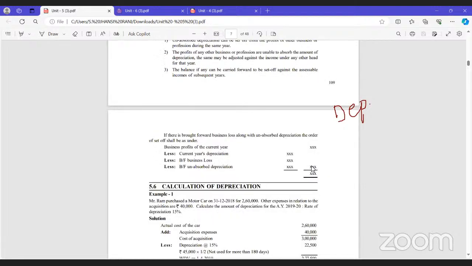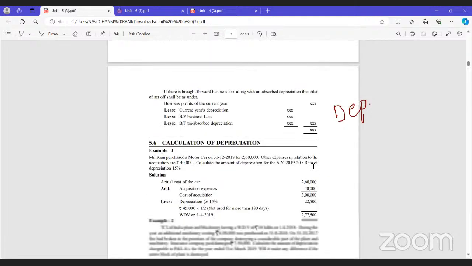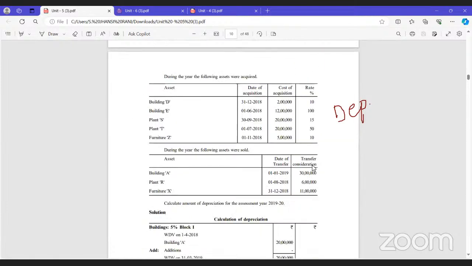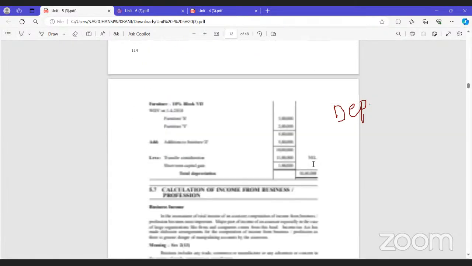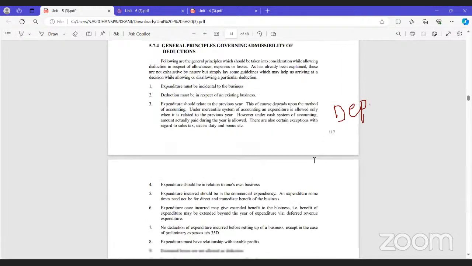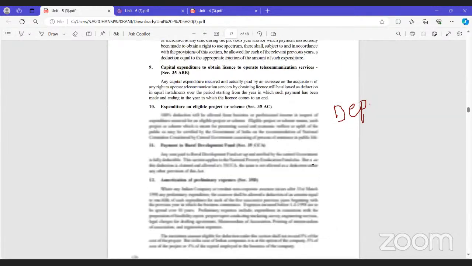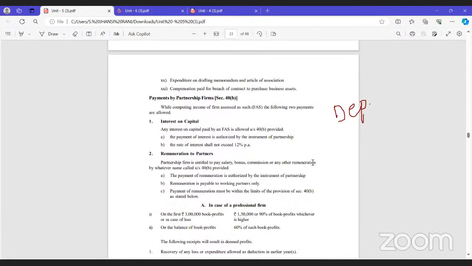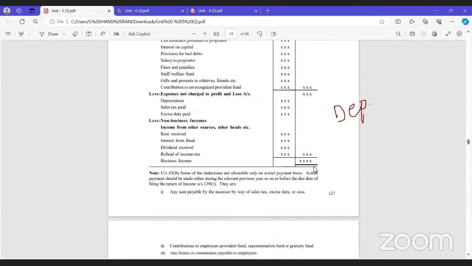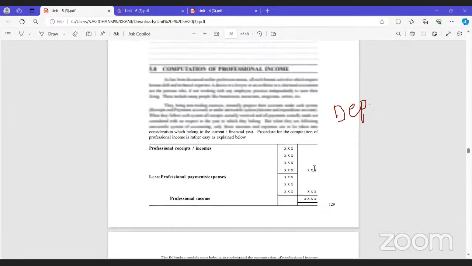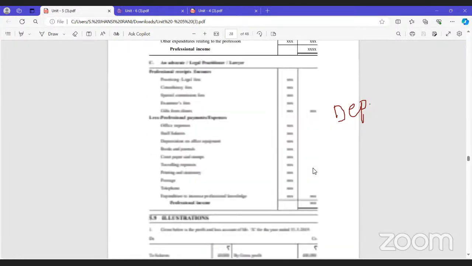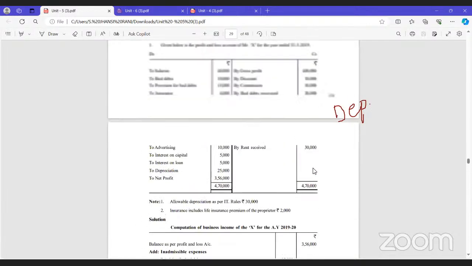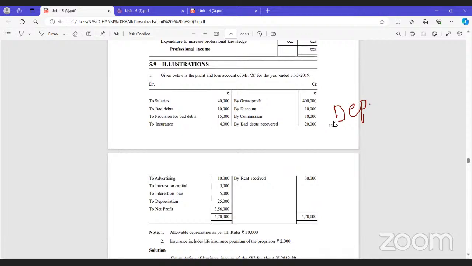So we'll look at one problem so that you will understand how income from business is actually calculated.